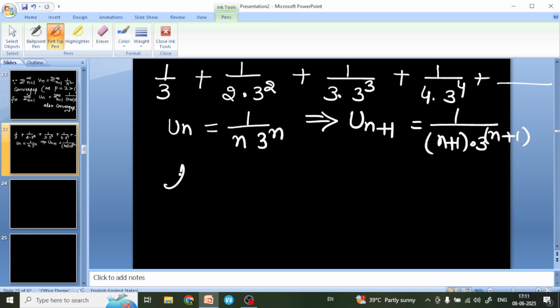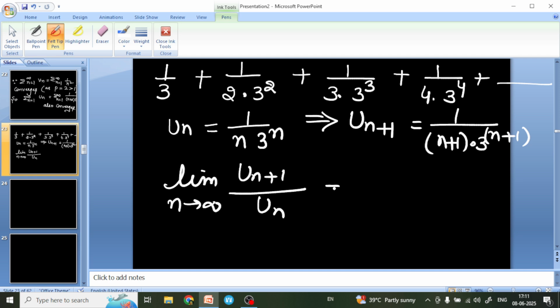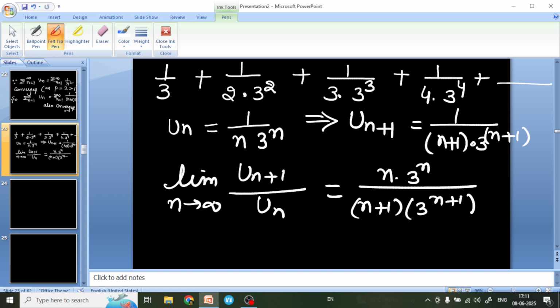Now take the limits on both sides. N to infinity, un plus 1 over un, that is equal to n into 3 raised to power n over n plus 1 into 3 raised to power n plus 1.